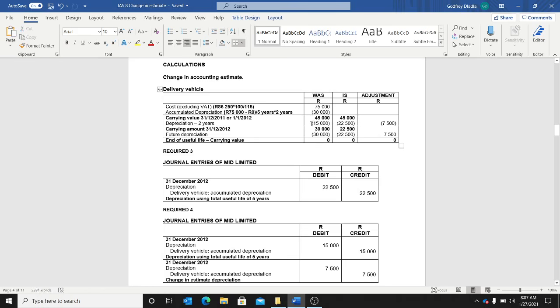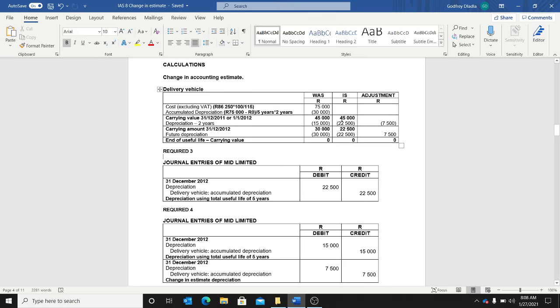So if things don't change, in the current year, you'll depreciate 15, and the asset by end of the current year should be at 30 if things do not change. Then after that, you can then depreciate the 30, it will take you at 0.